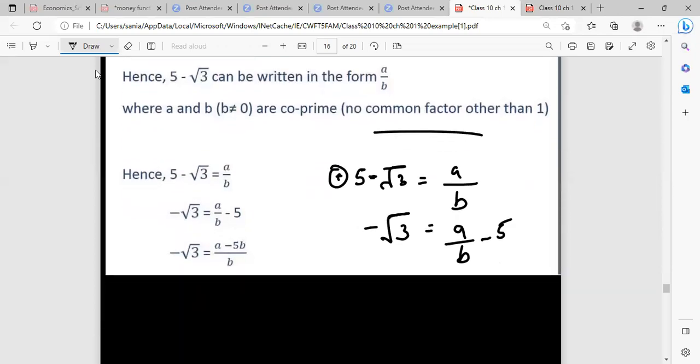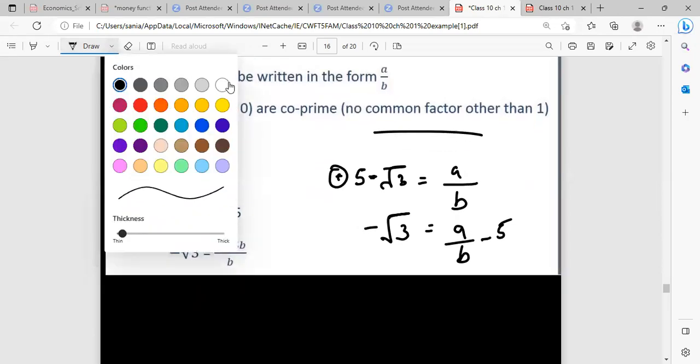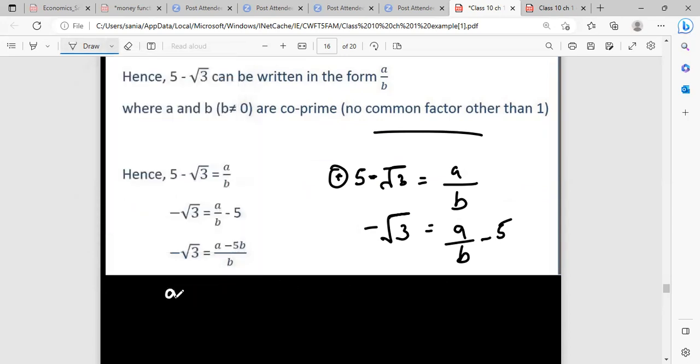Clear? Now what you have to do is take the LCM. Listen to it very carefully: A upon B minus 5. So this means it is 1. So B and 1 will be B, right? In the table of B, B comes at what time? At one time, B. Yes.